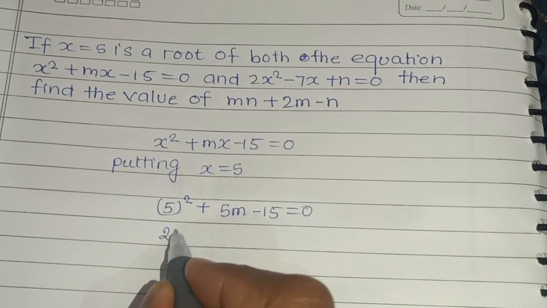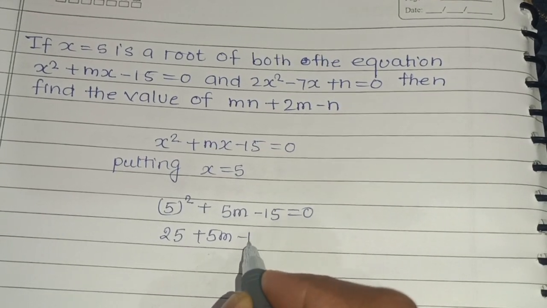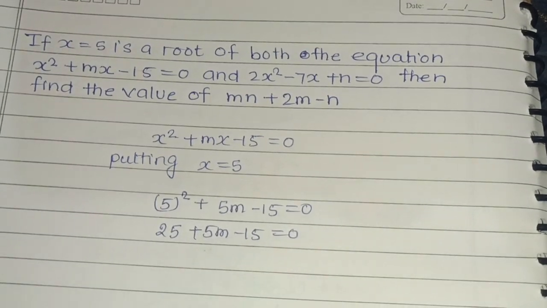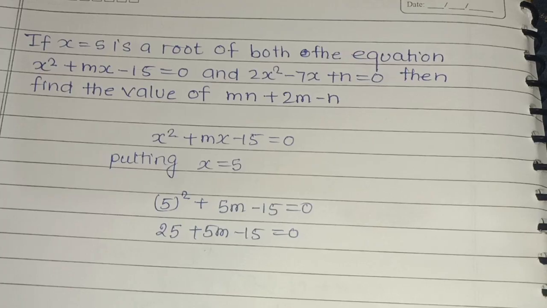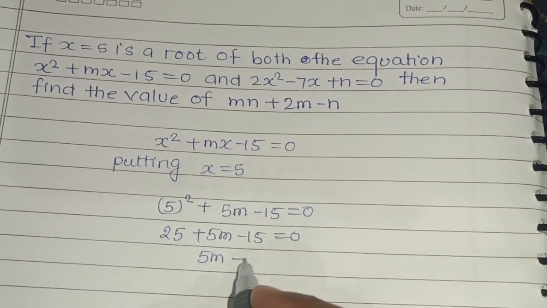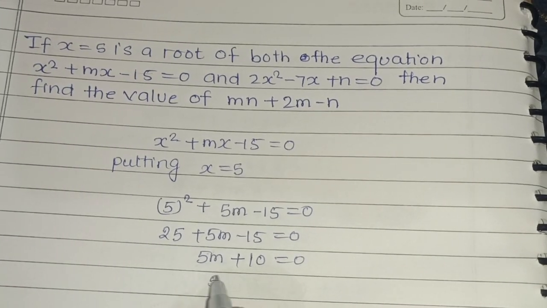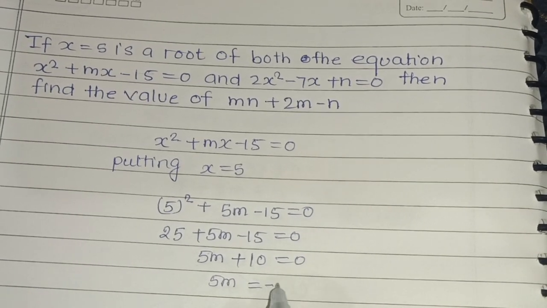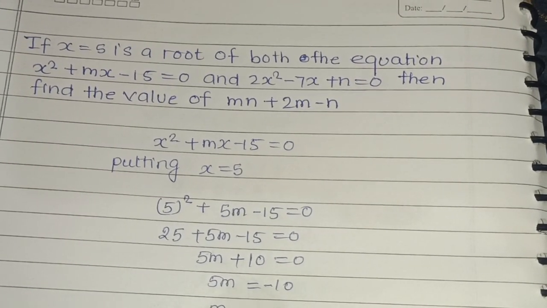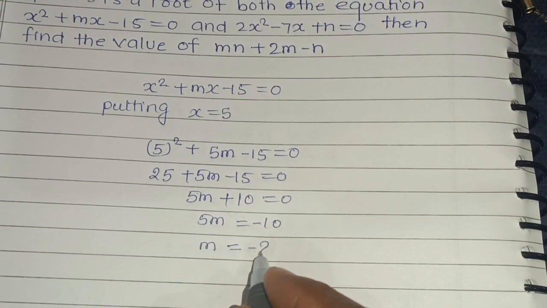So that is 25 plus 5m minus 15 is equal to 0. So 25 minus 15, that is 10, plus 5m is equal to 0. So 5m equal to minus 10. So m is minus 2.